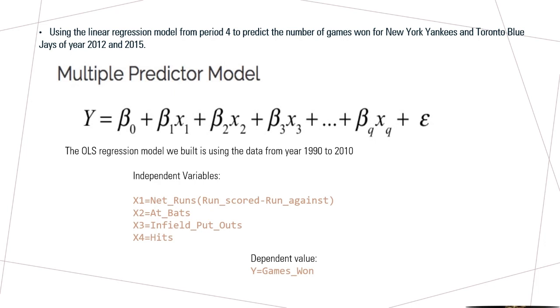X1 to X4 are the independent variables that we use to predict. Beta 0 is the intercept value, and beta 1 to beta 4 are the coefficient values. Epsilon is the residual. The data to build and train the OLS model is from 1990 to 2010.